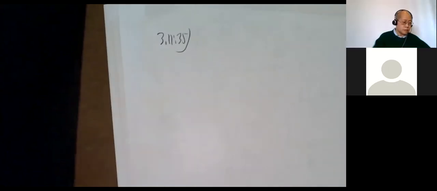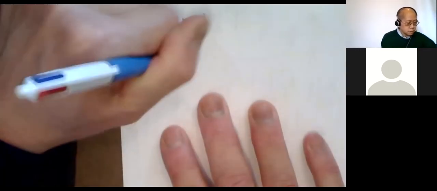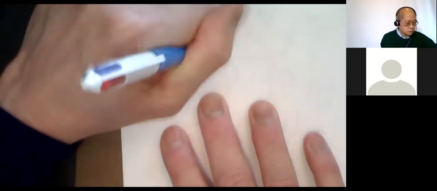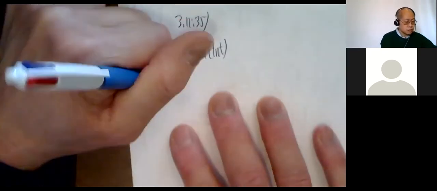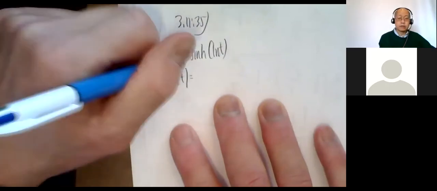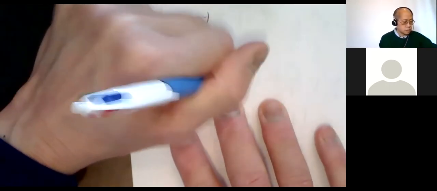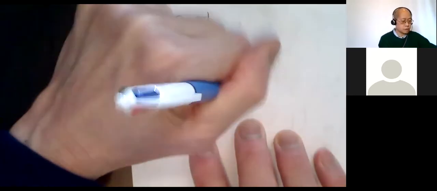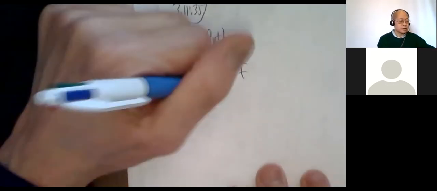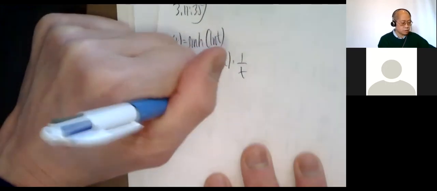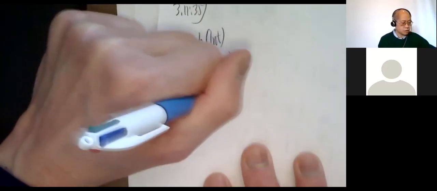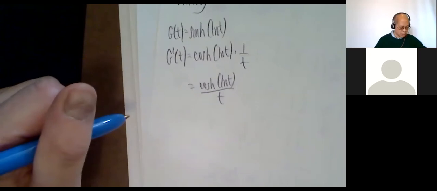Sinh of ln t. Chain rule. Derivative of sinh is cosh, times the derivative of ln t, which is 1 over t. And then just slide this underneath. So cosh(ln t) over t.